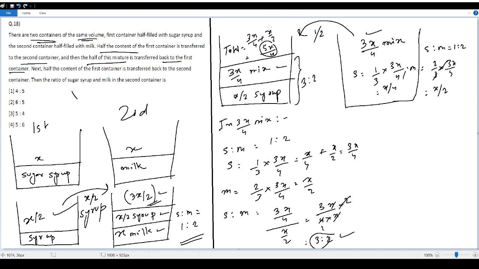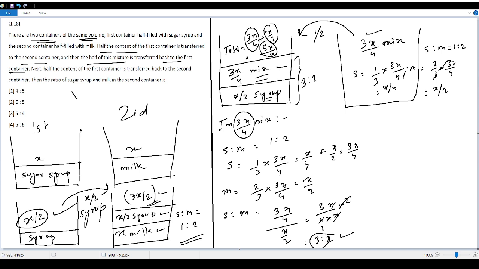So x by 2 was already there, and 3x by 4 came up, giving 5x by 4. Now 3x by 4 mixture came, x by 2 syrup is already there. I need to find out, in this 3x by 4 mixture, the syrup to milk ratio.